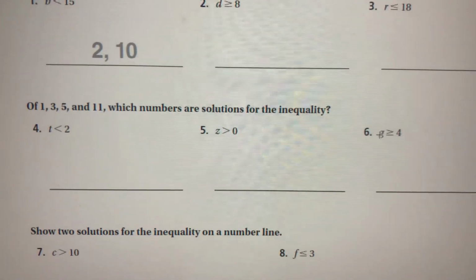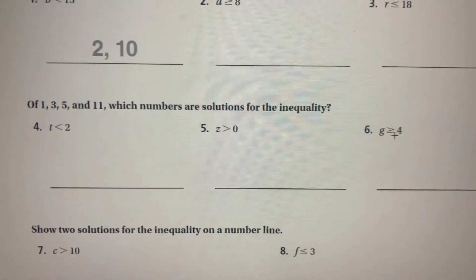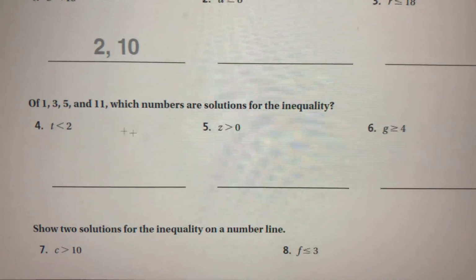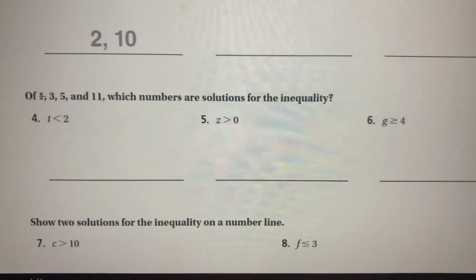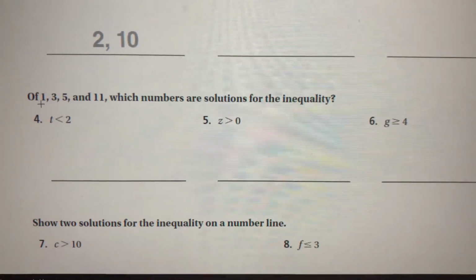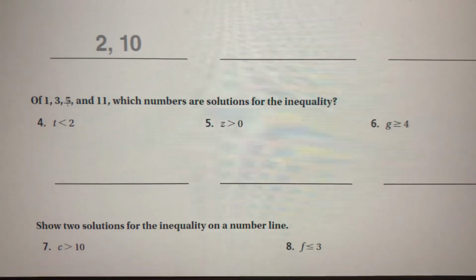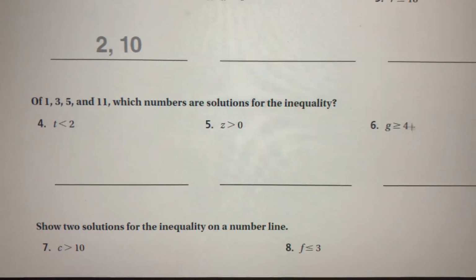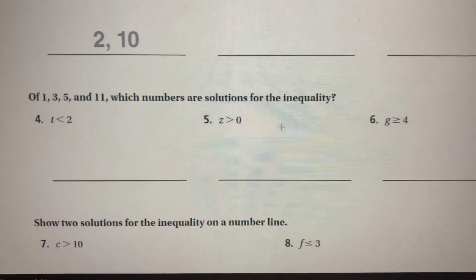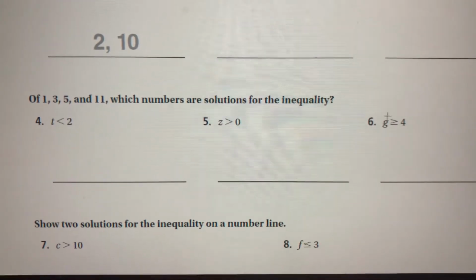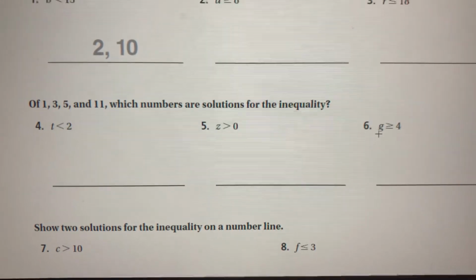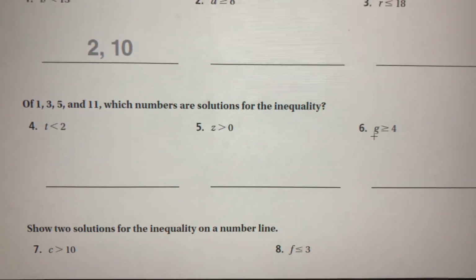For number 6, G is greater than or equal to 4, okay? We can't use 1, we can't use 3, but we can use 5 and 11 because 5 and 11 are both greater than 4. We don't have a 4 to put in here to make it 4 equal to 4, so we'll just leave it at 5 and 11.